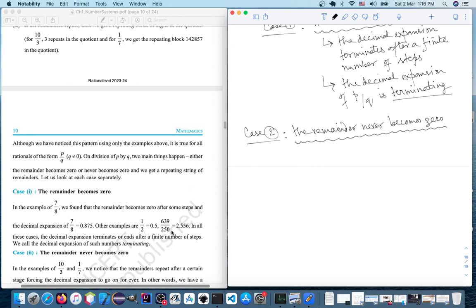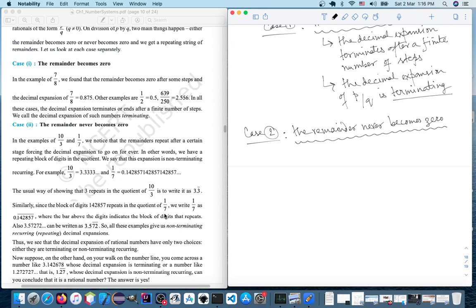In this case, we see that the remainders repeat after a certain stage, forcing the decimal expansion to go on forever. In this case, the decimal expansion never ends and the remainders repeat themselves. And we also see a repeating block of digits in the quotient.